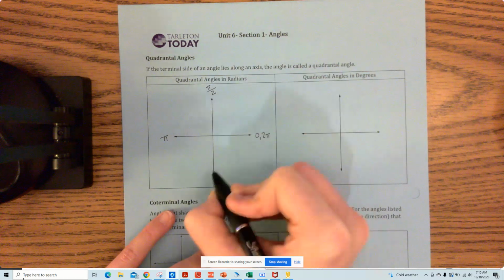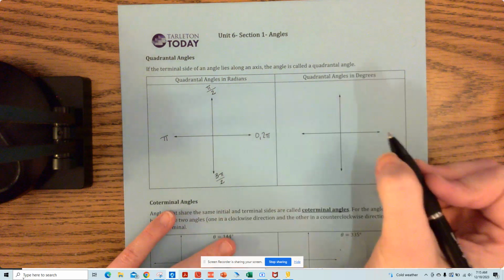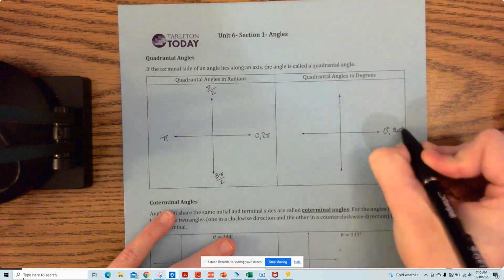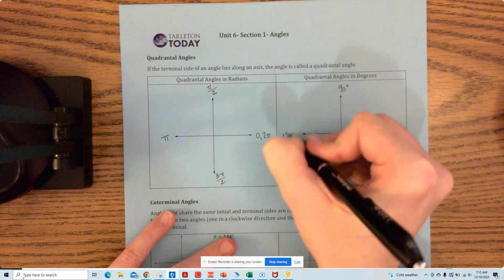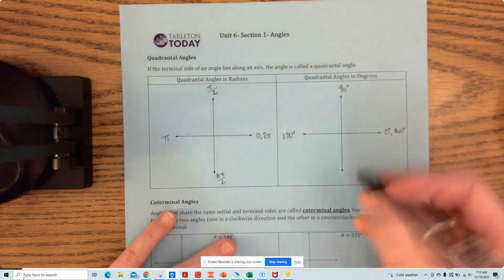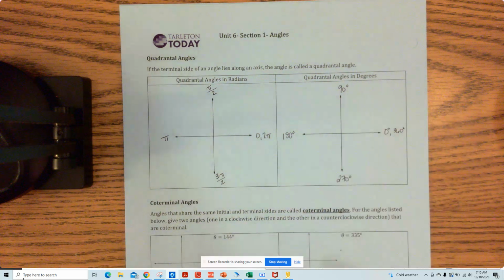Pi over 2. And then this is 3 pi over 2. And then in degrees, again, 0 degrees or 360 degrees, 90 degrees, 180 degrees. And so that's just saying if I go to this line. Okay. And these are kind of your basic measurements that you need to know, you need to memorize.